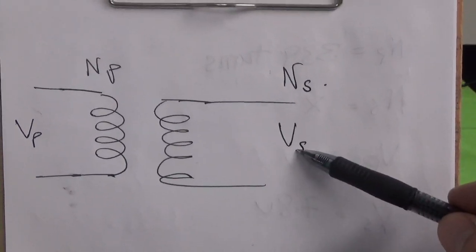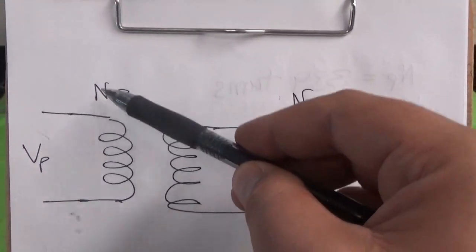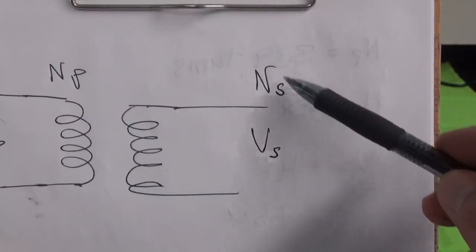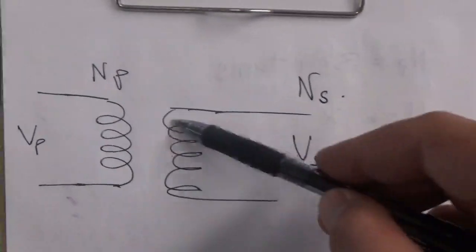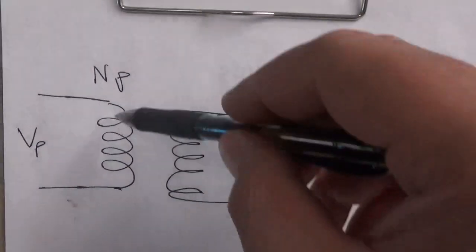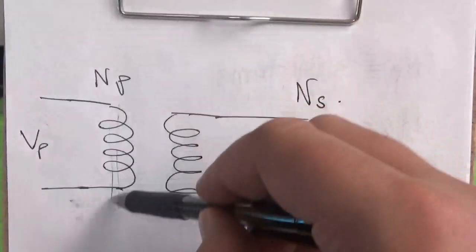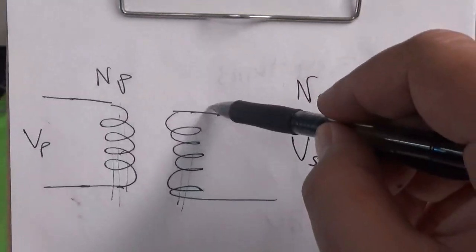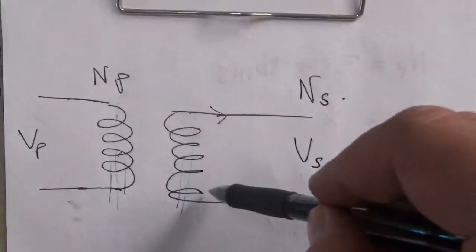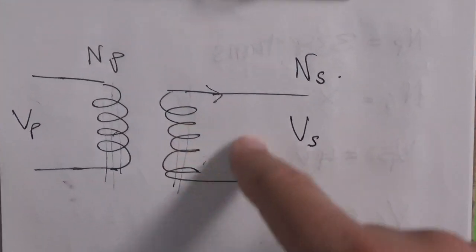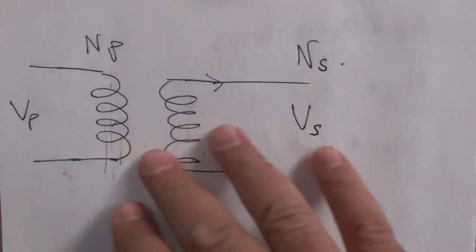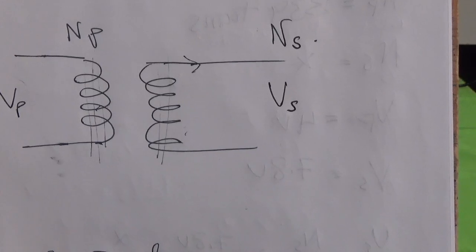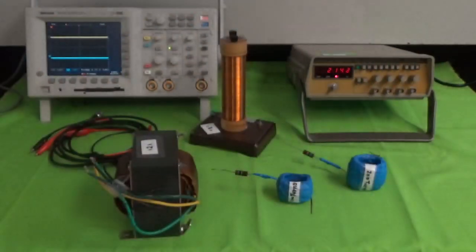This is the output, and here we have the primary number of turns for this coil, and here we have the secondary number of turns for the secondary coil. And since there is a magnetic field created right here, this magnetic field can create current in this coil right here. We will go through these steps in detail if you watch session number 1 for week number 6. But for now, let's continue.